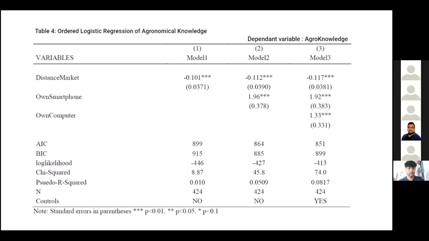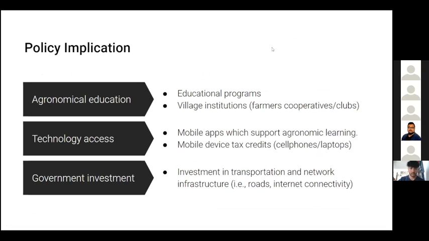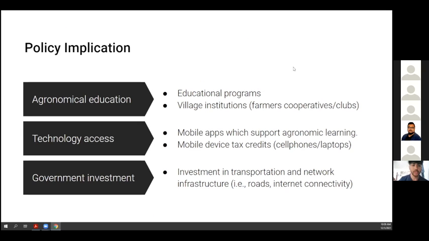And we have selected this model here, the third model, which includes our 3 variables and controls. So from our results and our policy recommendations to increase agronomical education, we would suggest educational programs, as well as village institutions, such as farmers' cooperatives or clubs.